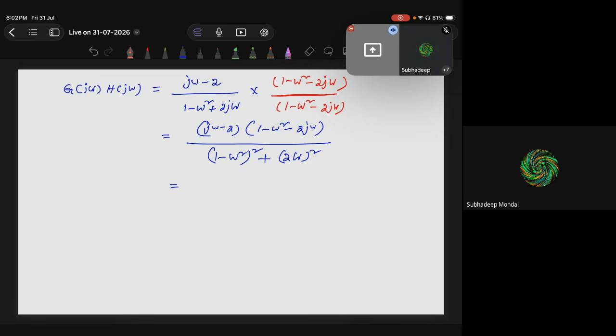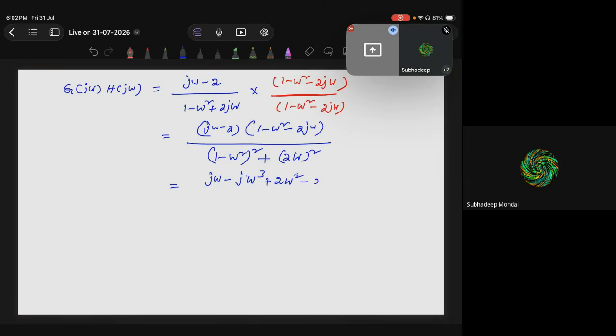What is that value going to be? Multiplying in the numerator, minus j omega cube, correct? Minus 2j square, that means 2 omega square. Correct?